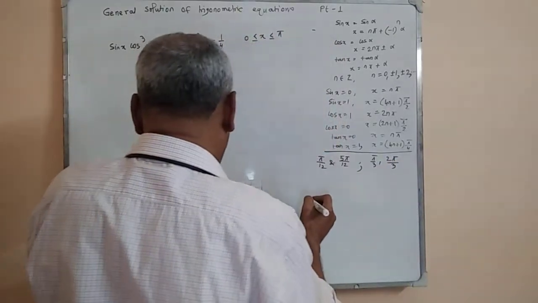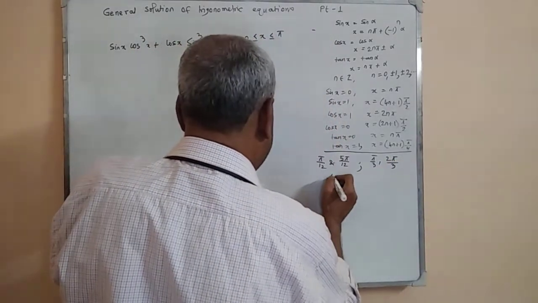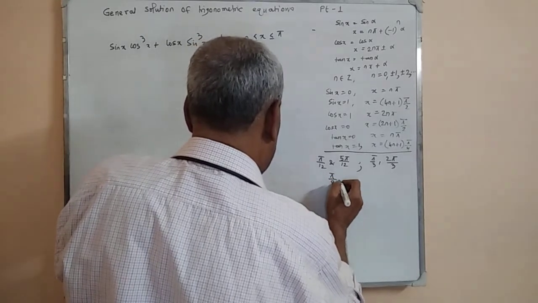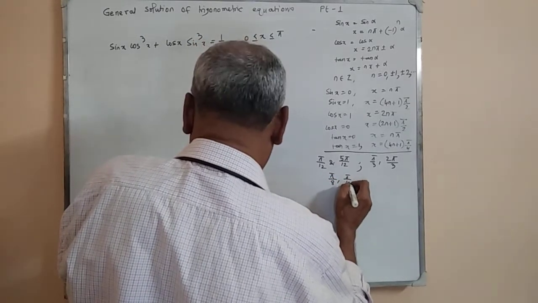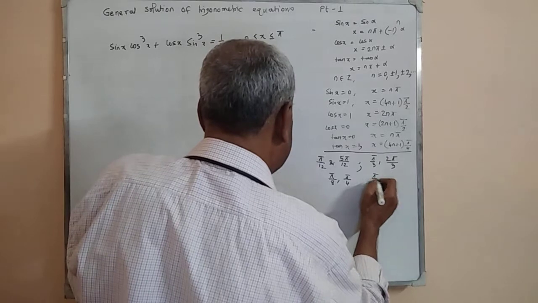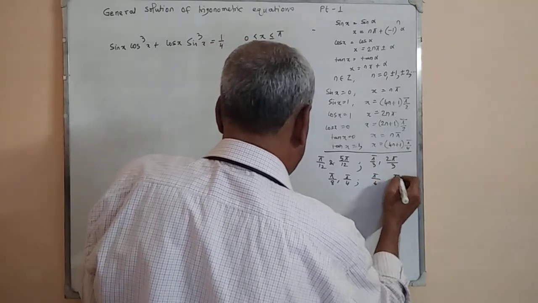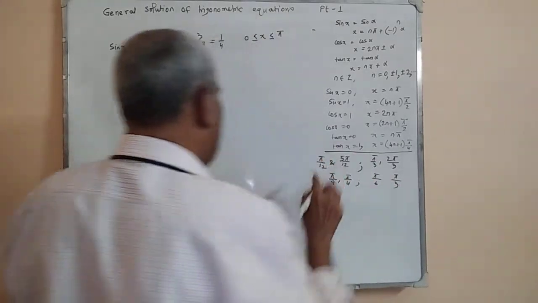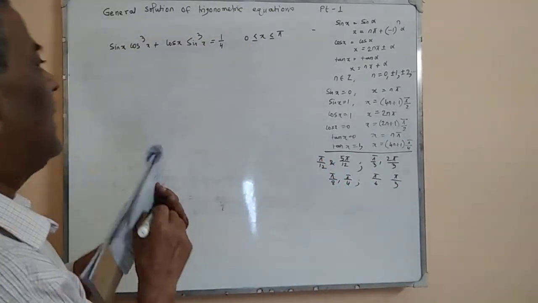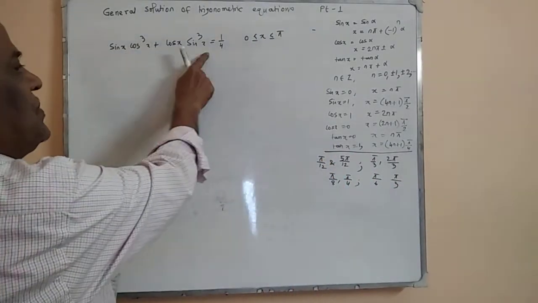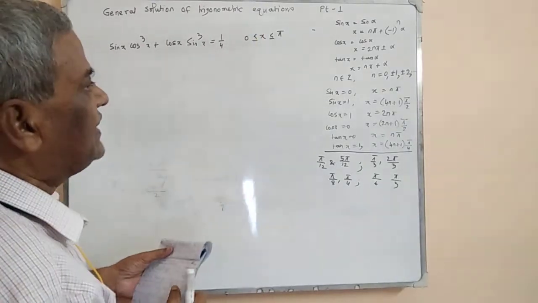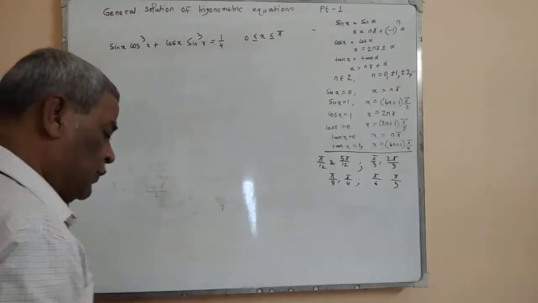Third option is pi by 8, pi by 4, pi by 6, and pi by 3. These are the options, and the equation is this, and the value of x lies between 0 and pi.